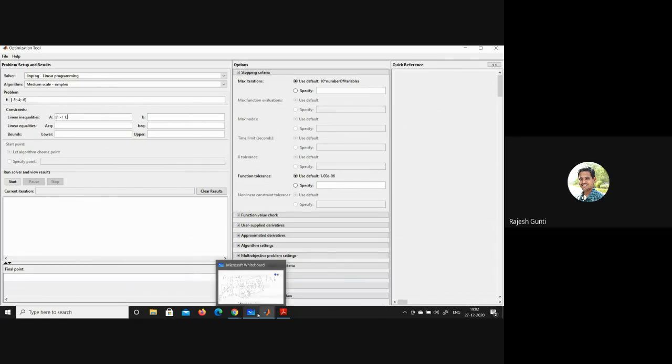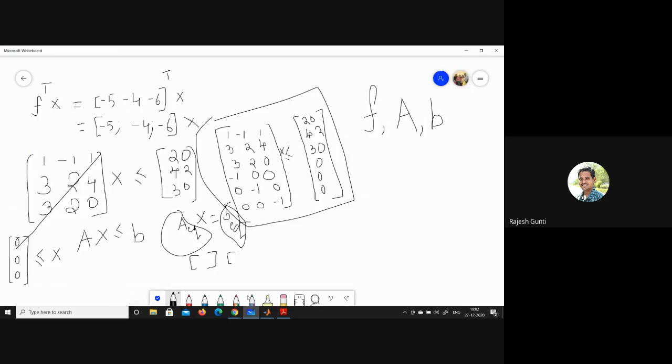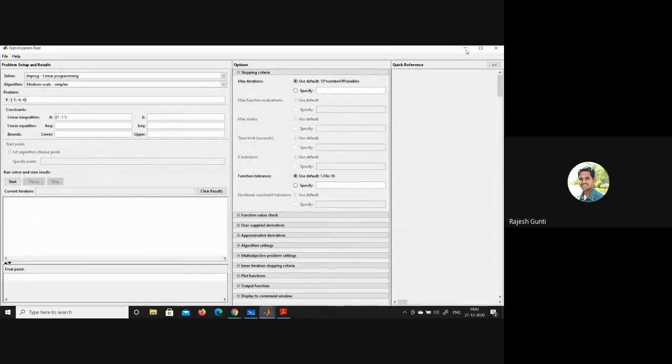1, minus 1, 1; 3, 2, 4; 3, 2, 0. Over to the right hand side B. We should not give B equal to here.